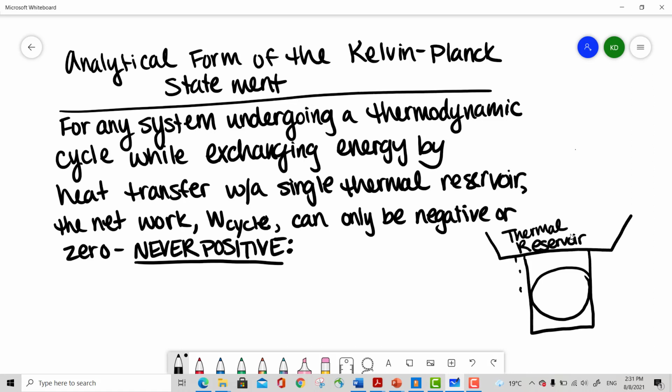This is what we're looking at, and of course, this is our system boundary.